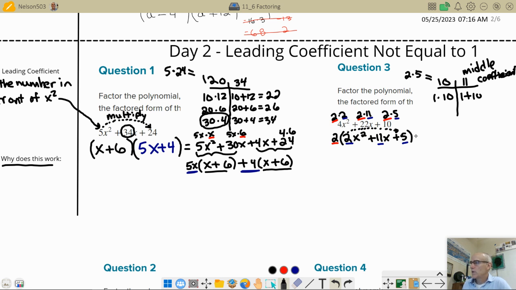So the next thing I do is I come down here and I don't want to lose my 2. So I'm going to put down 2, and then I'm going to put a parenthesis down, and I'm going to put down 2x squared. Okay, so I'm going to break the middle term up right now into 1x and 10x. So I'm going to put down plus 1x and 10x.